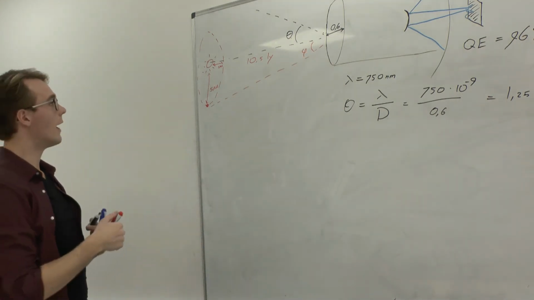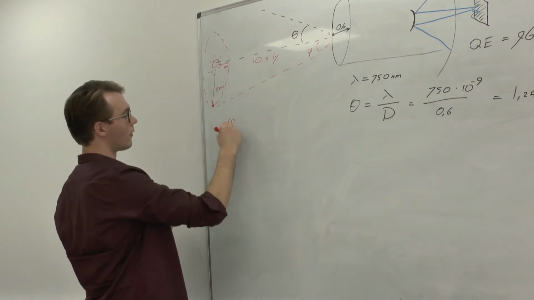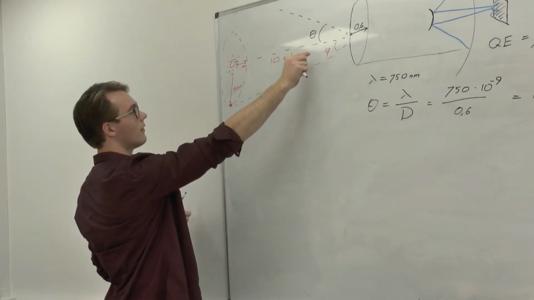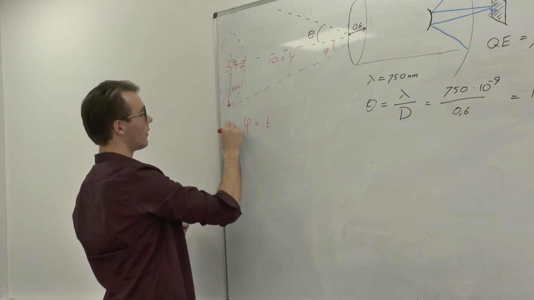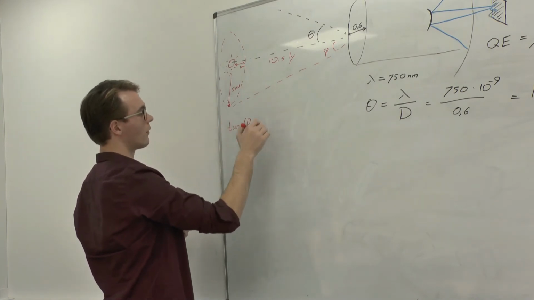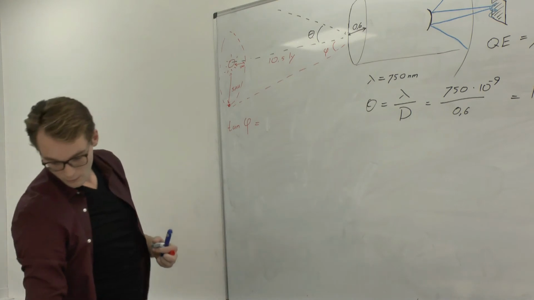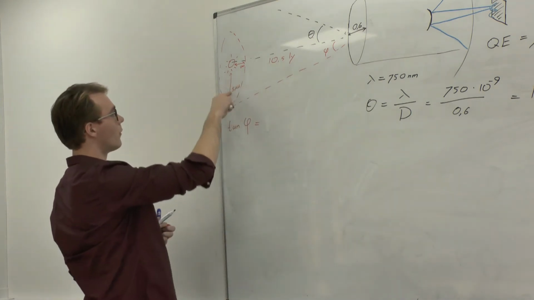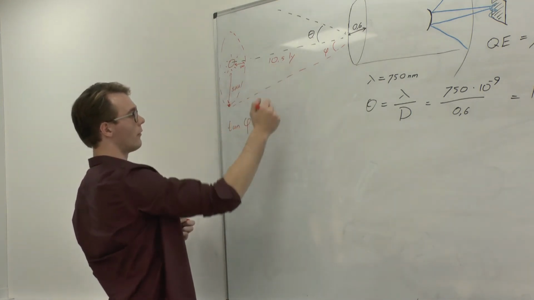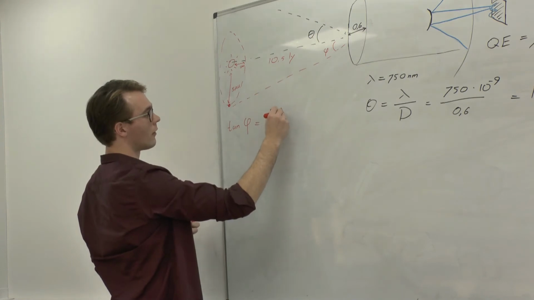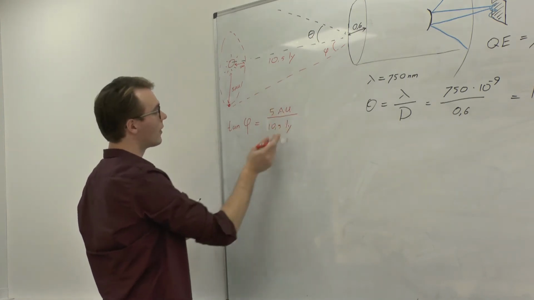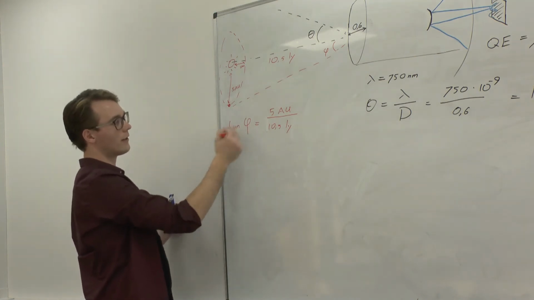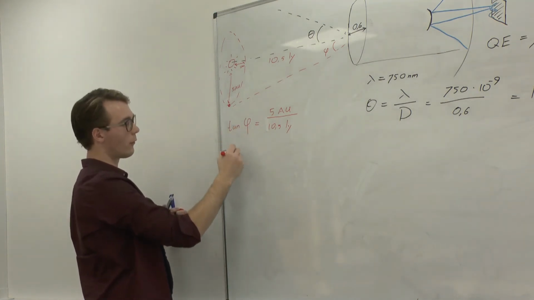So to calculate that angle, you can see that you have to take the tangent. The tangent of that angle is going to be proportional to this 5 astronomical units divided by these 10.5 light years. But because this is a very small angle, you know that the tangent of this angle is roughly proportional to the angle.